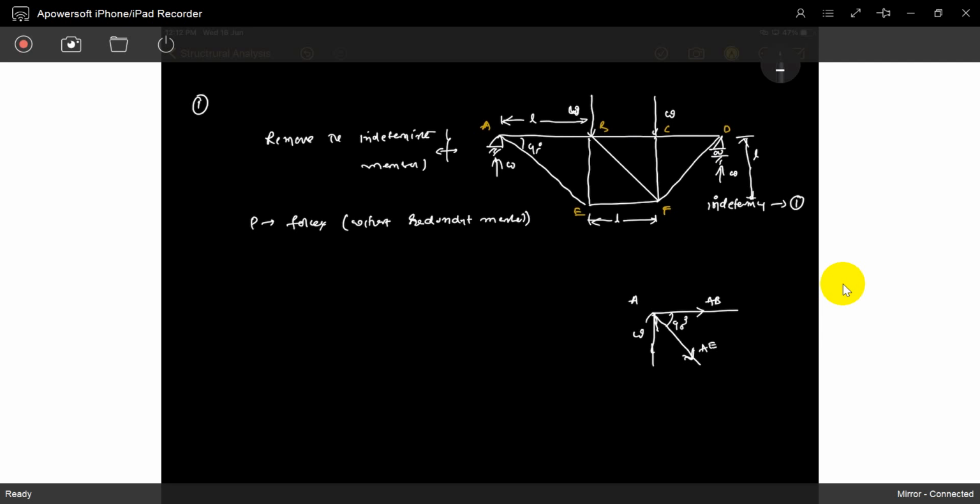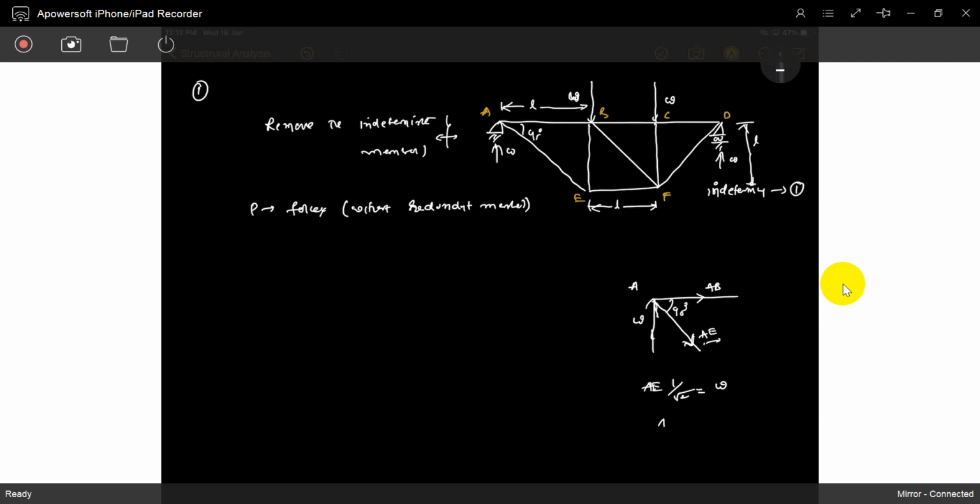So AE cos 45 is balanced by W. Understood? So automatically AE is W root 2, no need to calculate it. In this triangle the sides are W, W and W root 2.